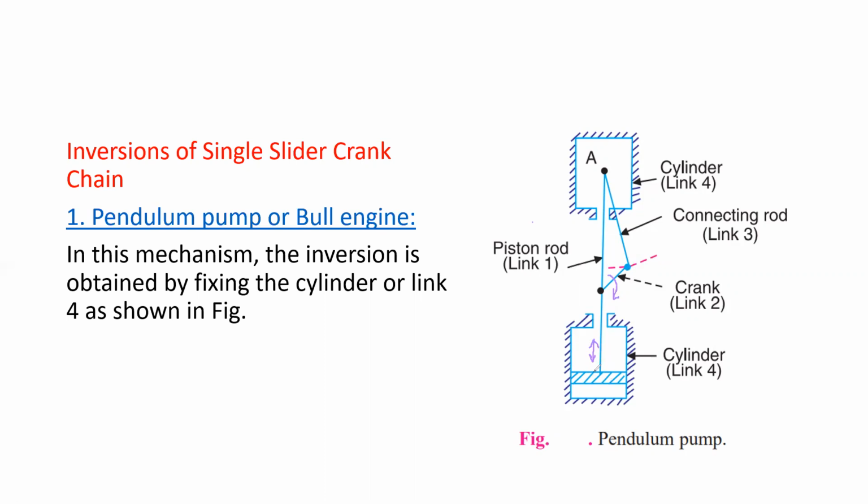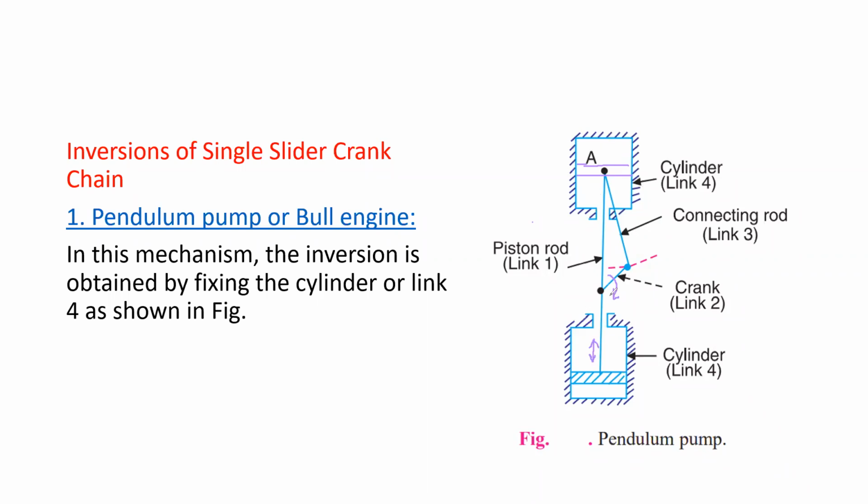Okay, so this rod will reciprocate in this cylinder as well as in this cylinder. It will reciprocate here also, and you can provide one more piston here, which will be connecting this piston rod. So you can get the motion of piston at two sides.